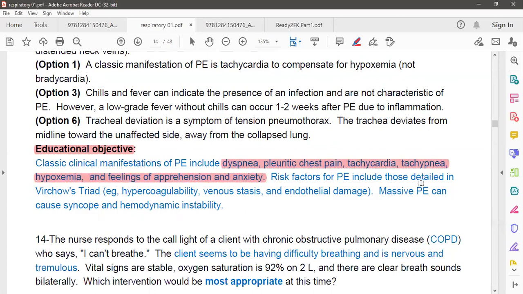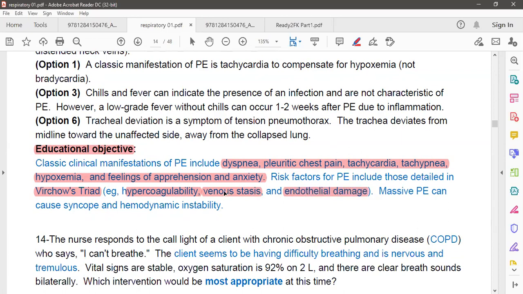Risk factors are related to Virchow's triad. What is Virchow's triad? When a patient has all of these three together: hypercoagulability, venous stasis, like thrombophlebitis or deep vein thrombosis or pulmonary embolism, and also endothelial damage.